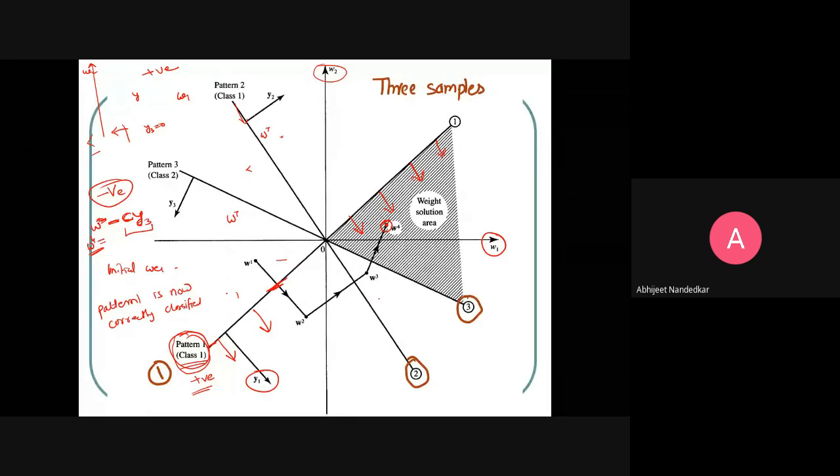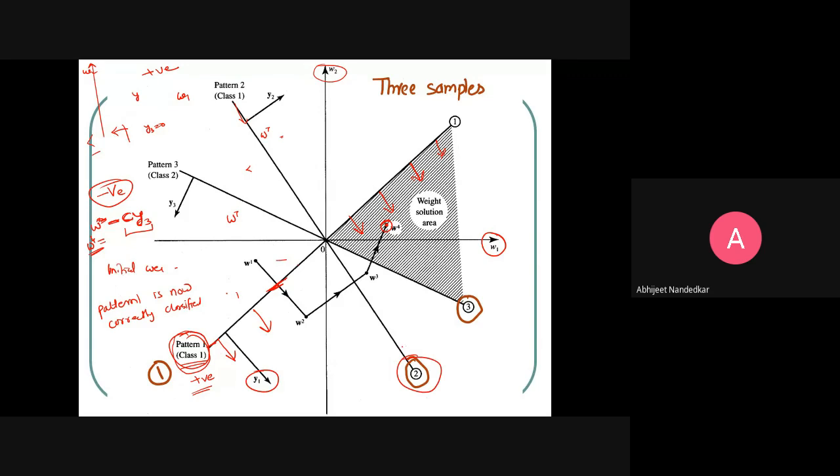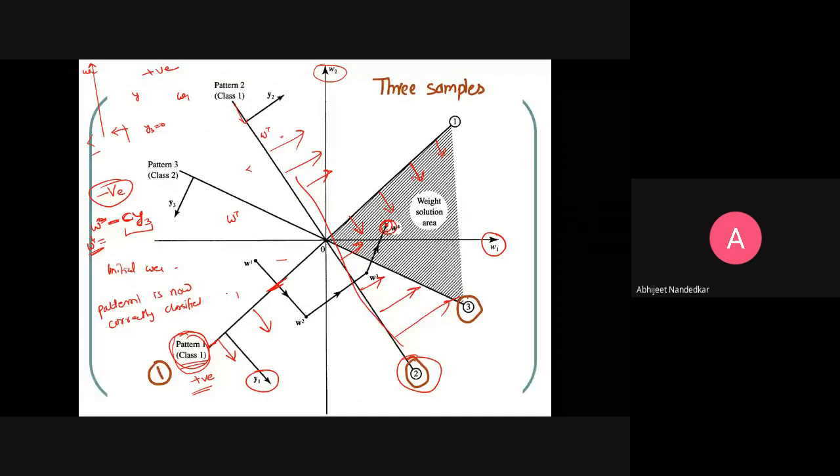Now if I take y2, it is saying that you go this side of the line. So obviously the w4 weight is in the correct position. So it is satisfying y1 as well as y2. What about y3? y3 is saying you go in this direction.